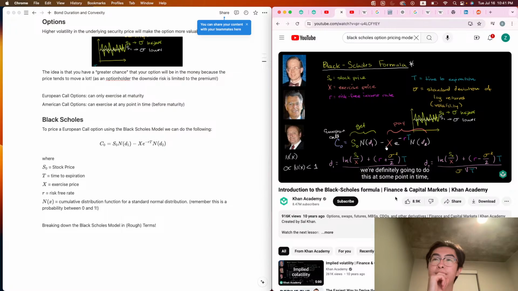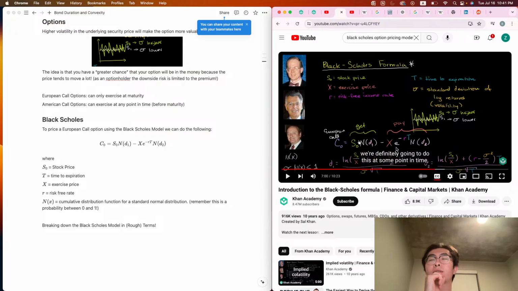This is like continuously compounding interest rates, but it's a discount factor. So you're discounting the strike price in the future, and maybe the probability of doing so.